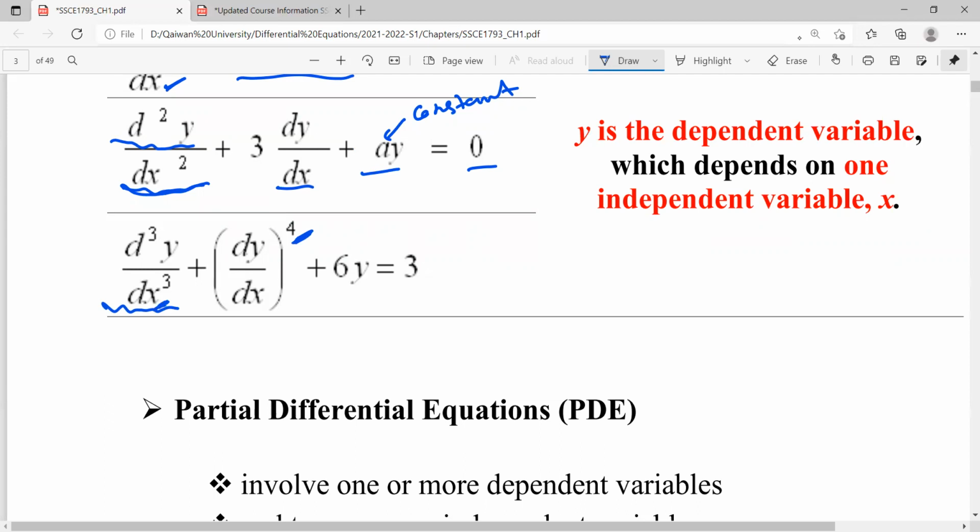And the order of this differential equation is 3 or 4? It's 3, yeah. This 4 is a power, it's not a derivative. Here we have the first derivative raised to the power 4. But the order is 3. As you see here, we have the third derivative. That means the highest derivative here is 3.